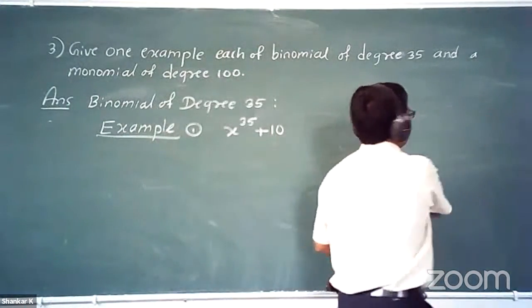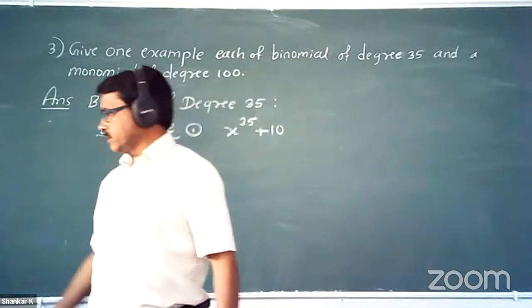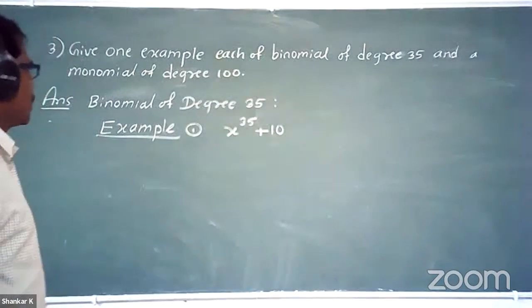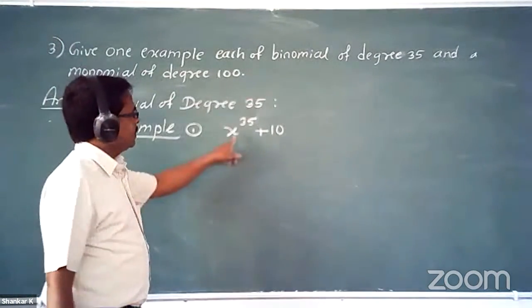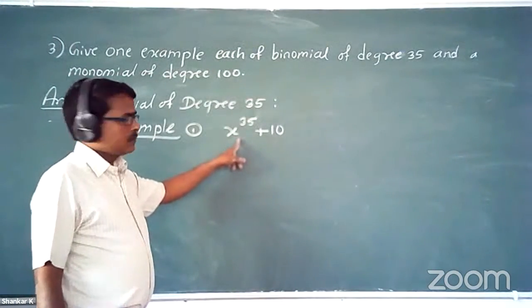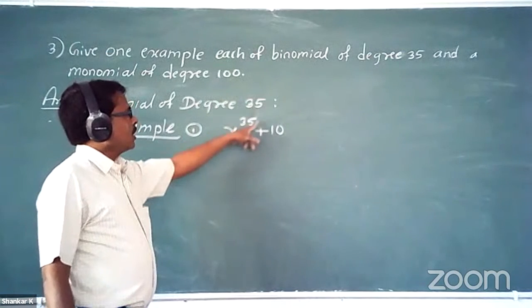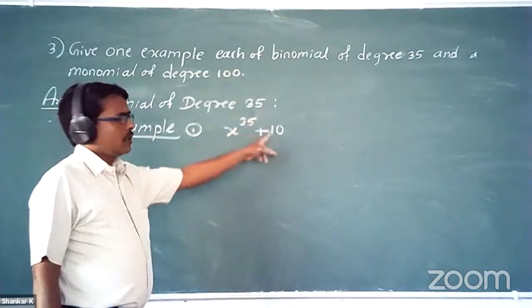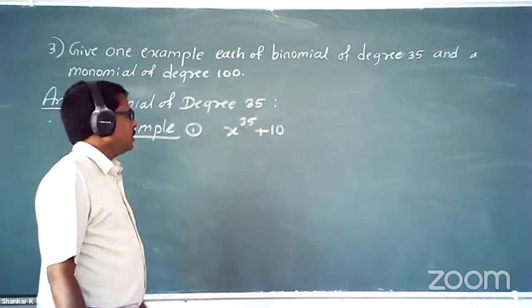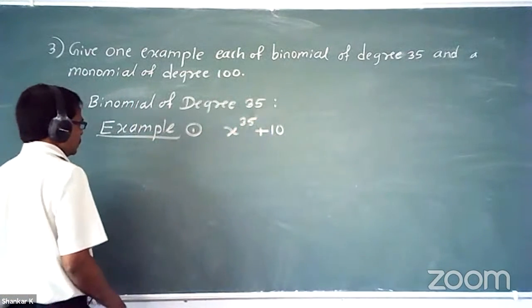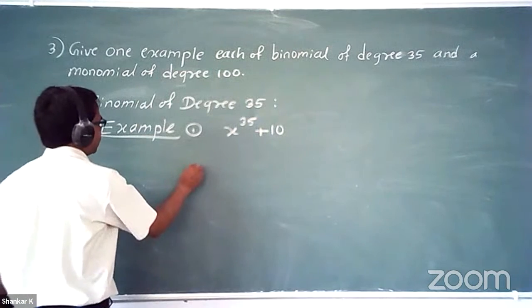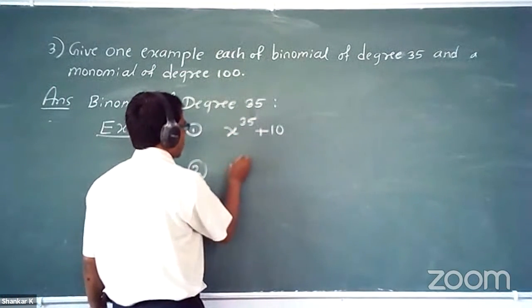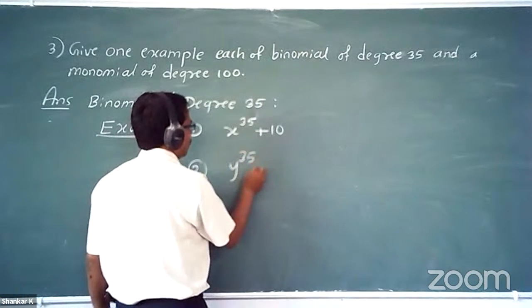Can you give me any example? Students, some more examples can you give me? 35 should come. More than that 35 should not come. And there should be only two terms. That becomes binomial of 35. You can write some more examples. They are not only one. You can write y raised to 45 plus y.